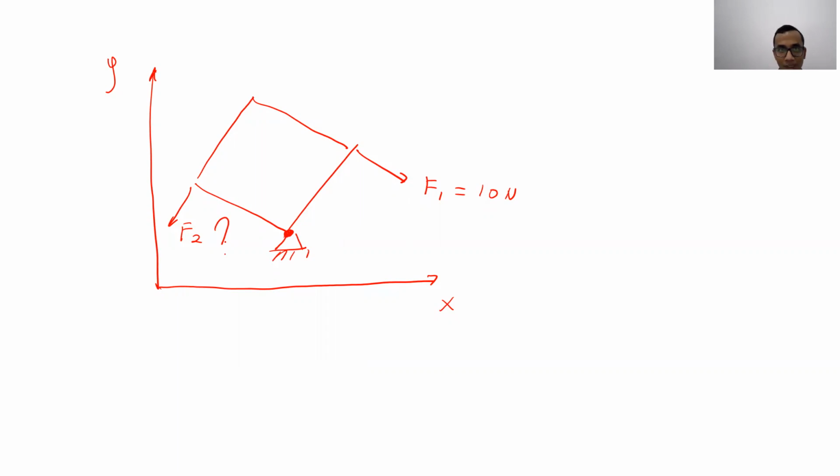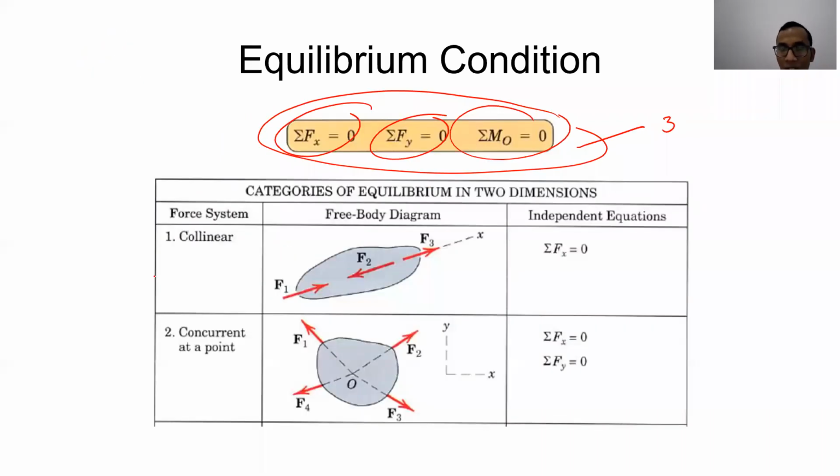What I mean by two-dimensional cases is that you can draw your problem and solve it with only two coordinates, x and y. When you have to add another axis, which is the z-axis, your case is not a two-dimensional case anymore, which means you need to use a three-dimensional equilibrium condition.